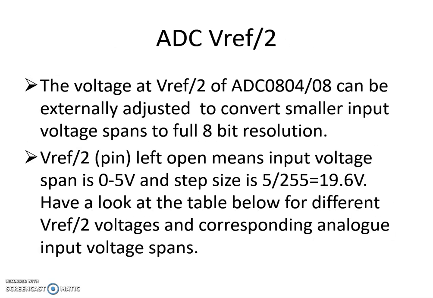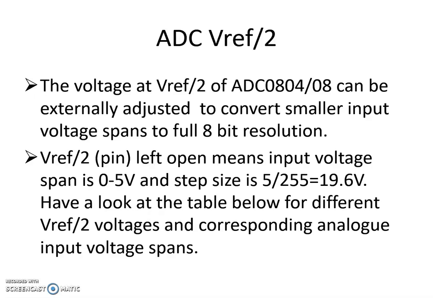This is the ADC voltage reference divided by 2. That means that whenever you have a voltage reference, you need to divide it by 2 to get the input voltage. Let's say you want to measure from 0 to 5 volt. From 0 to 5 volt is open. You do not need to put any voltage at the voltage ref.